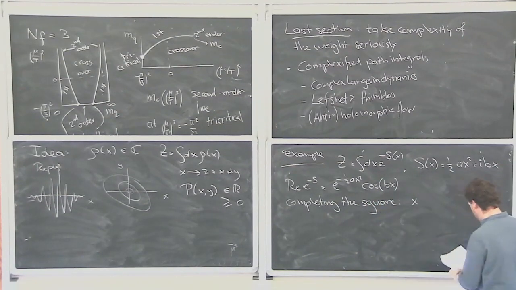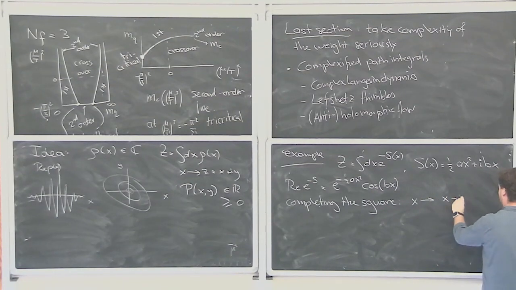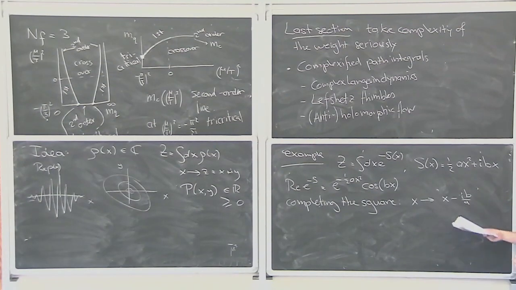And if I complete the square, I effectively shift the variable, x goes to x, well, now I have to do it in my head, minus ib over a, something of that form. Looks fine to everyone.